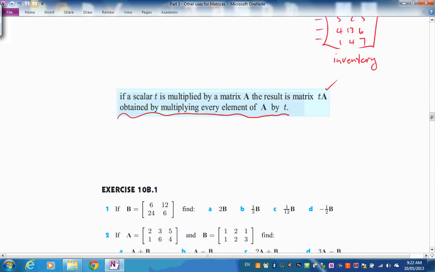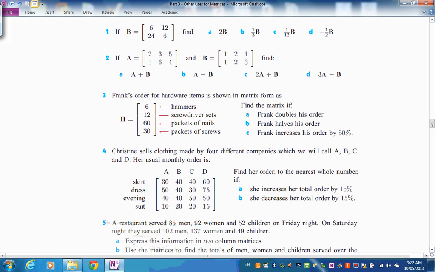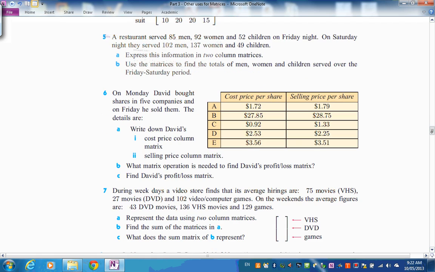Alright, can we go down now and look at some little problems for you? So here's question 1 to 4. I think it's probably pretty important to do all of these just quickly and have a look. For each presentation, have a look as usual. 5 and 6 and 7 there.